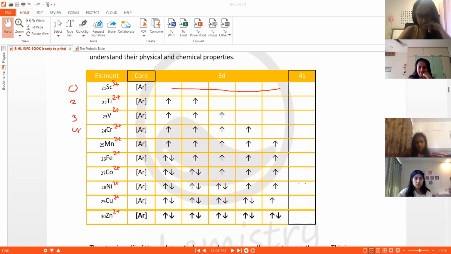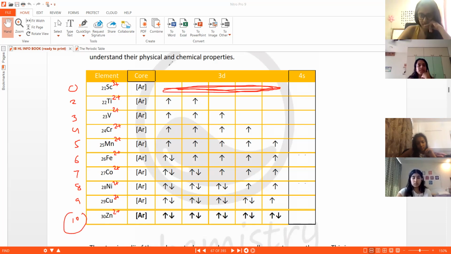Then here 3, then 4, then 5, and then 6, and 7, and 8, and 9, and 10. So 0 means the orbital is empty. And 10 means it's full. The entire d orbital is full.